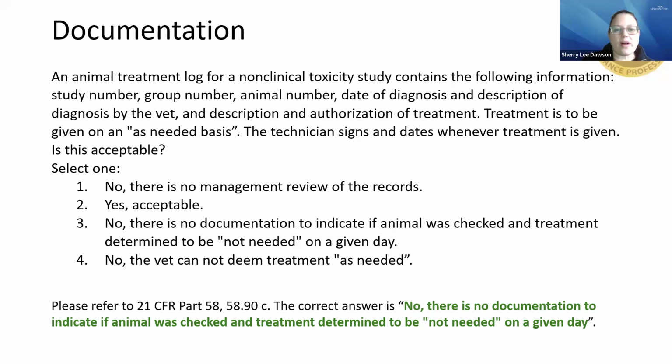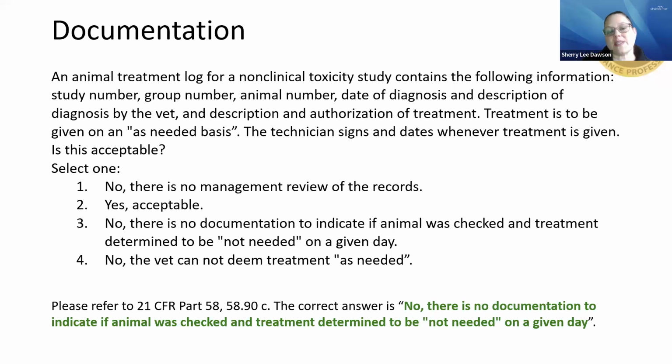So while the 5890C is the instructions concerning care of animals that need treatment during the study, I think this is more an example of documentation standards, that not all data was documented. On those days where it wasn't needed, how do we know that it wasn't given and forgotten to be documented, versus a positive entry of animal verified and treatment not needed on day 2 and day 3, and then day 4, oops, we need it again?